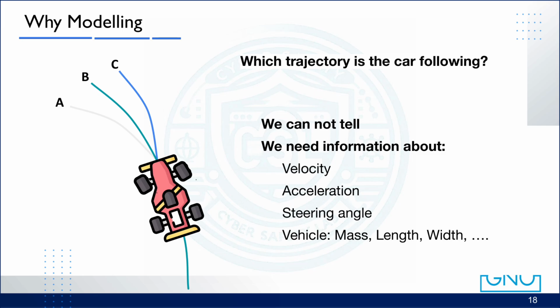We also need to know physical parameters of the car itself, its mass, length, and width. Without these, we can't predict how the car will respond to inputs or forces. That's why we need a vehicle dynamics model to connect what we see with how the car truly behaves.